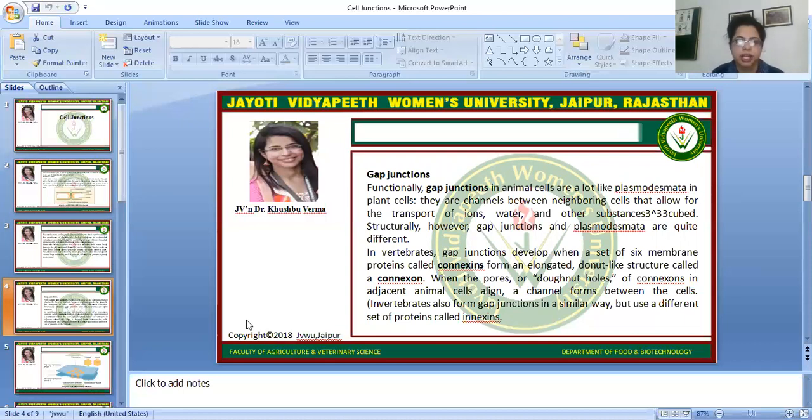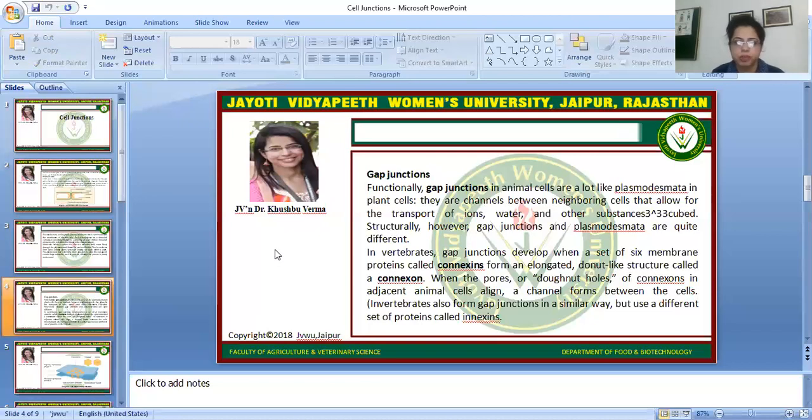In vertebrates, gap junctions develop when a set of 6 membrane proteins called connexins form an elongated donut-like structure called a connexon. When the pores or donut holes of connexons in adjacent animal cells align, a channel forms between the cells.